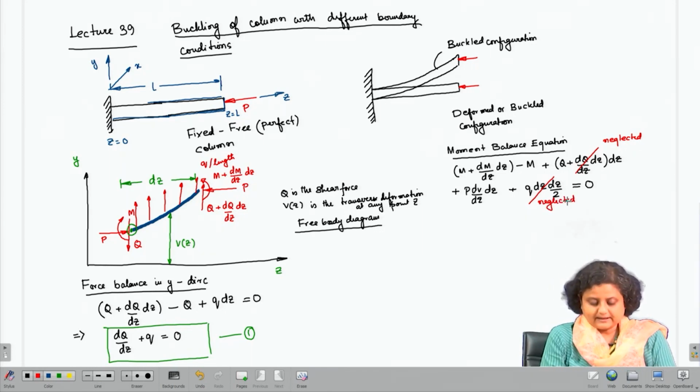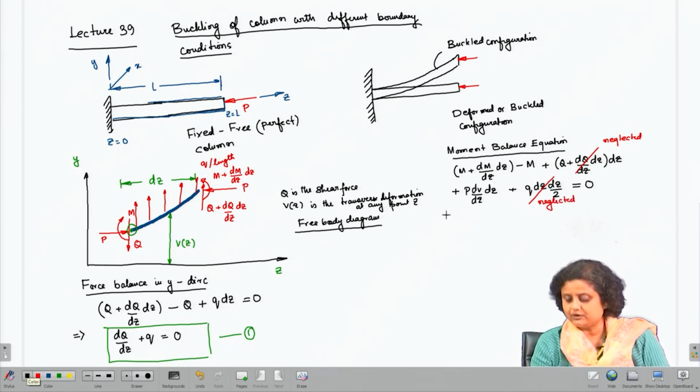Now, if we neglect these two terms and do further simplification, we are going to have dM by dz plus Q plus P dV by dz, and that is equal to 0.